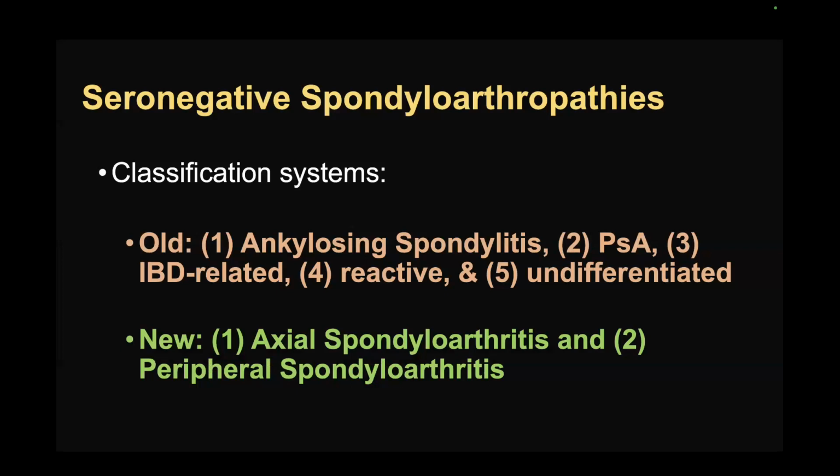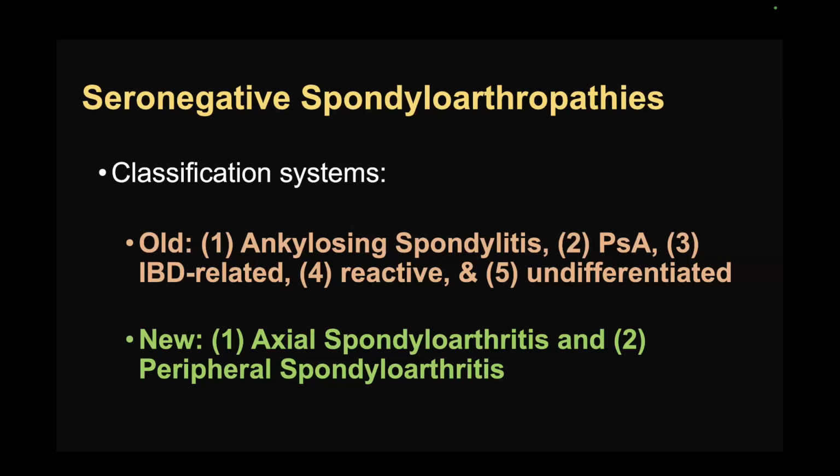But really, what has changed in the world of seronegative spondyloarthropathies is that there has been a progressive shift towards an axial spondyloarthropathy diagnosis, versus a peripheral spondyloarthropathy, rather than the older classification system where we define them as either ankylosing spondylitis or psoriatic or IBD or reactive.